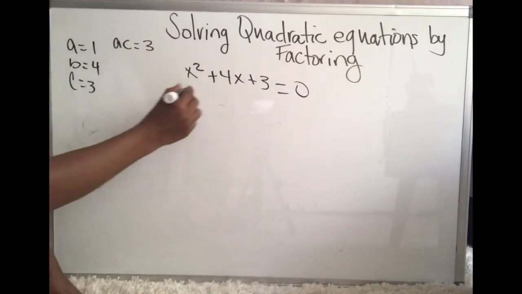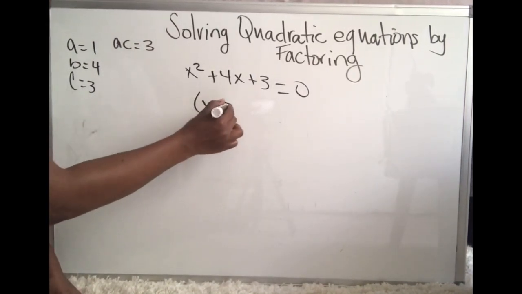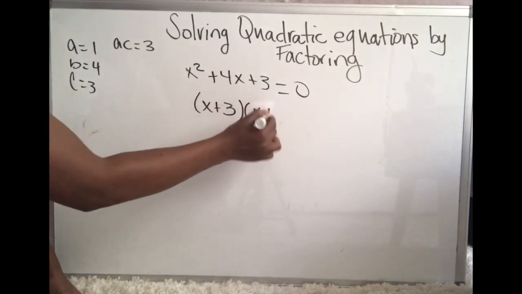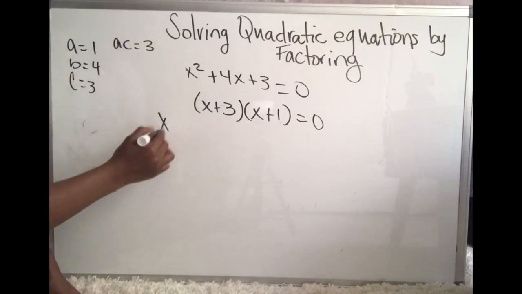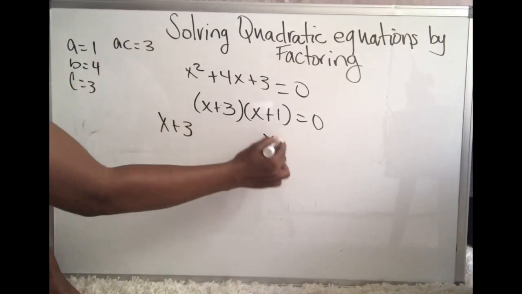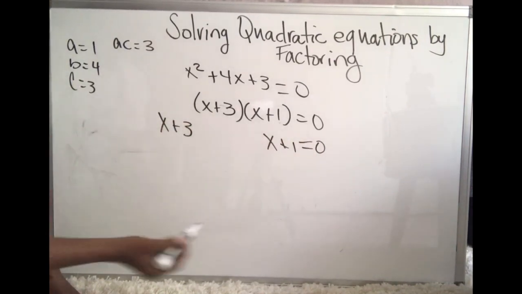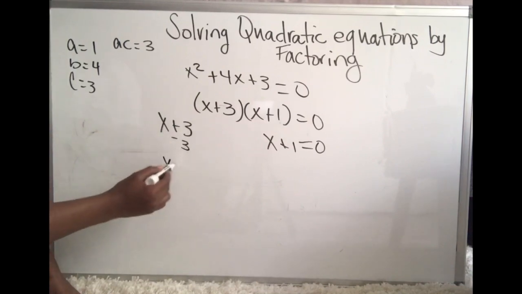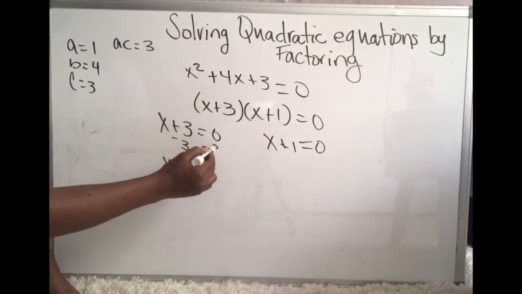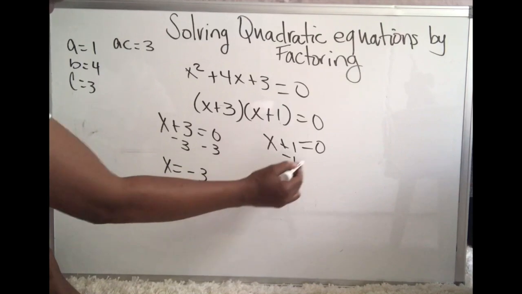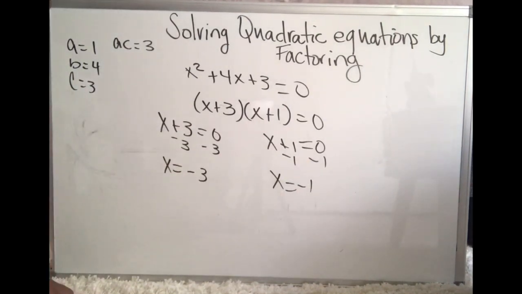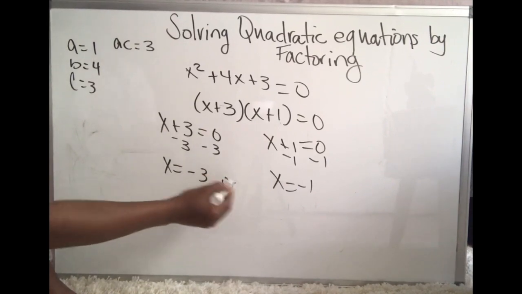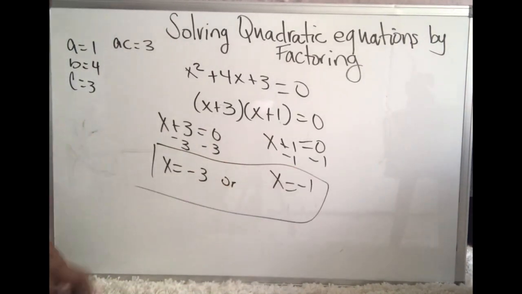So we have x plus 1 and x plus 3. I wrote that backwards, but they're equal to 0. So now we set each equation equal to 0, and we solve. So x equals negative 3 and x equals negative 1. And that is our answer.